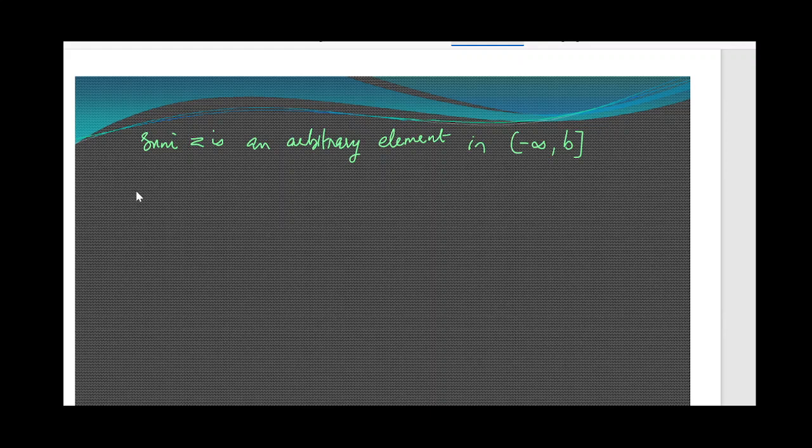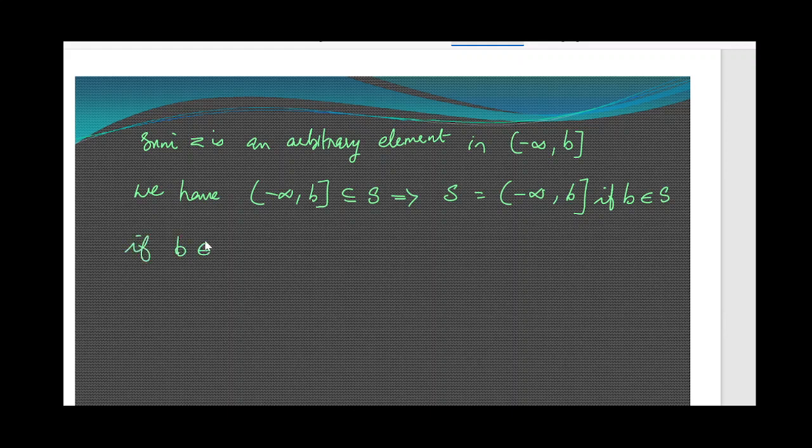We have (minus infinity, b) is contained in S, which implies S is equal to (minus infinity, b), if this b does not belong to S. Now, if our supremum belongs to S, then S should be (minus infinity, b].